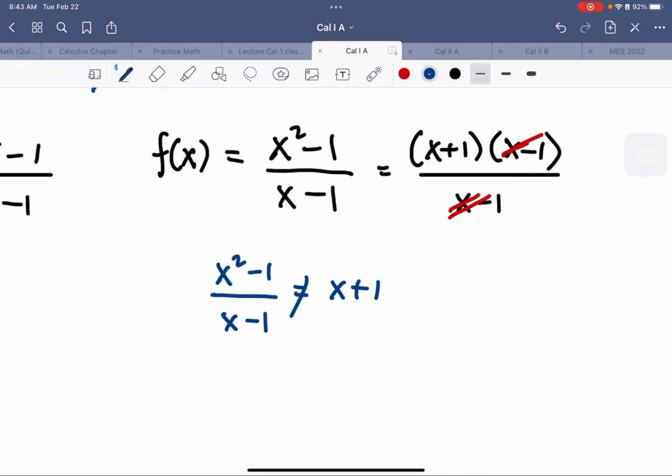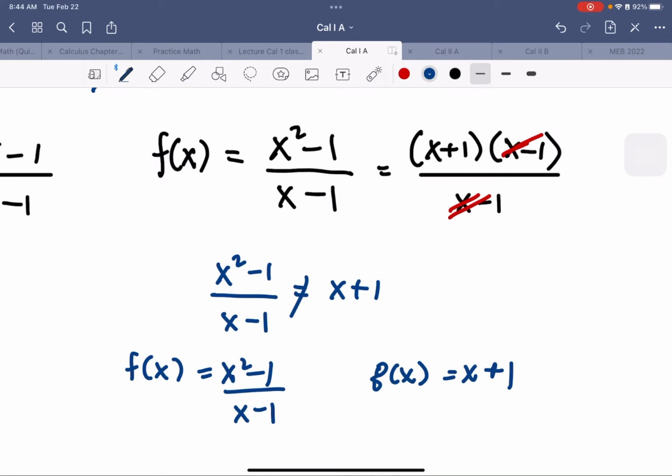But if you think of this in terms of functions, these are two different functions. Let's just write this is f of x, and this is probably g of x. Although they have the same line, they are different functions.